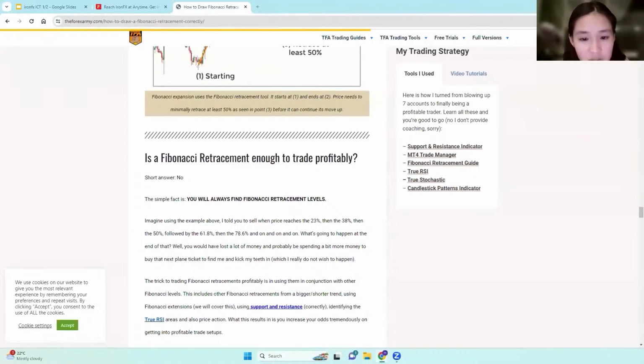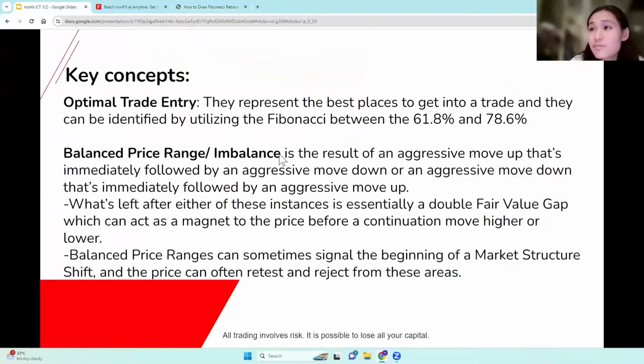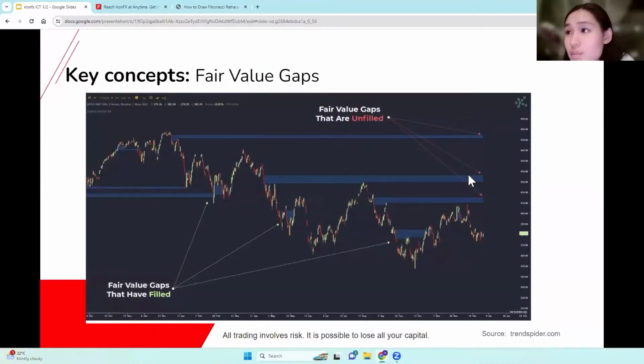Oh, we have a question. What happens to an FVG that has not been filled? If we go back to my slides, when it's not filled, we don't expect price to return to that area anytime soon, so we are not going to take note of those levels.